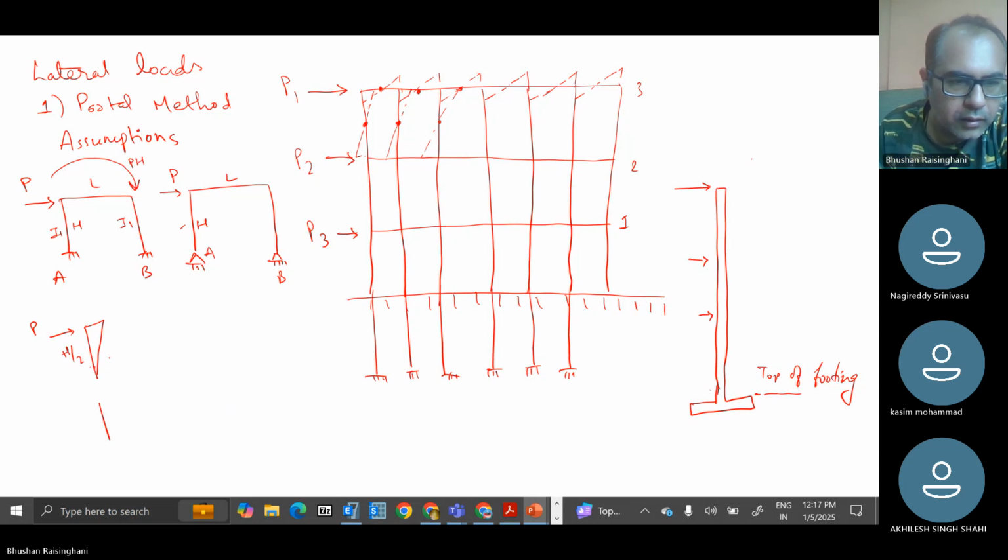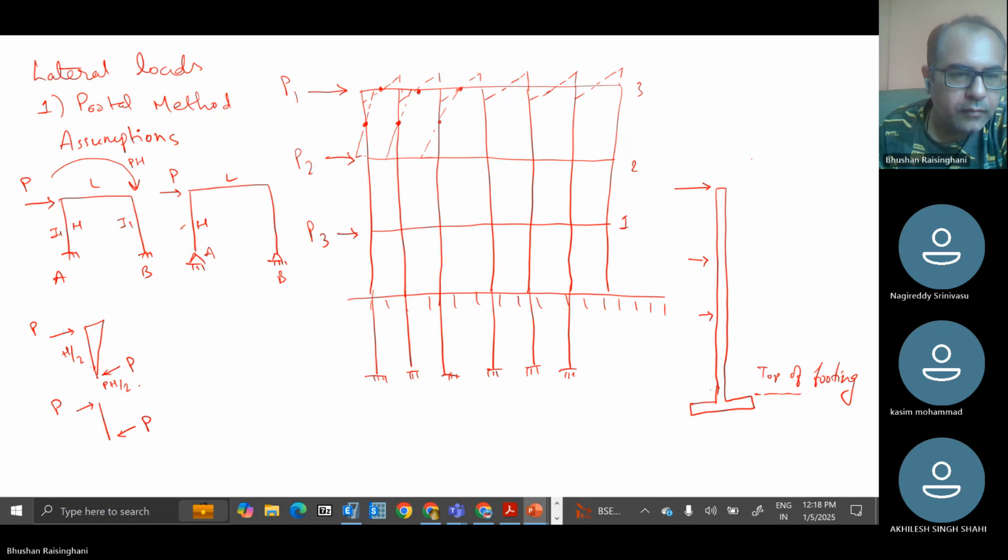And the opposite reaction P. Now this will act as the opposite reaction P here, and again it will be P here. So the moment you got was P into H by 2. Two values you got.